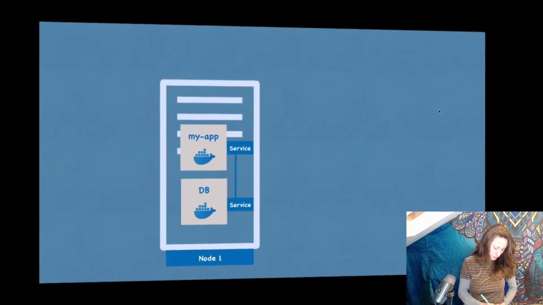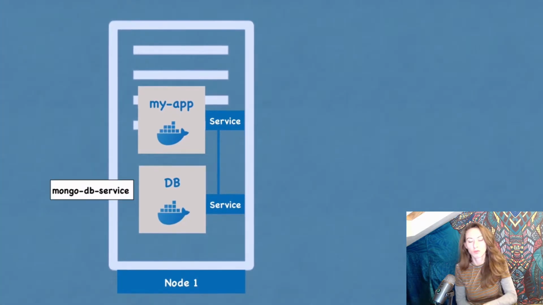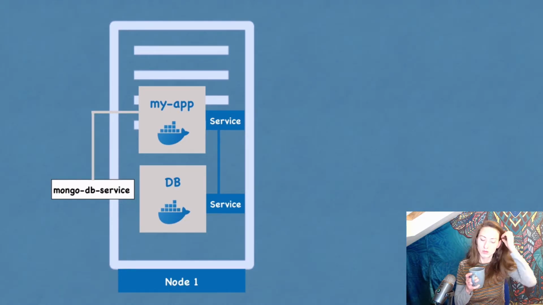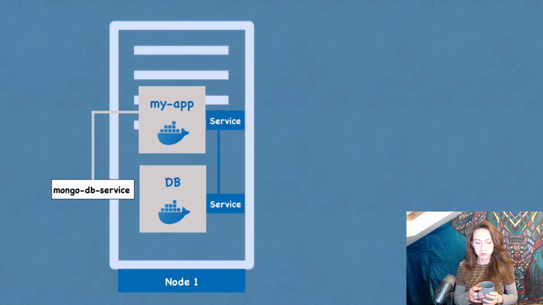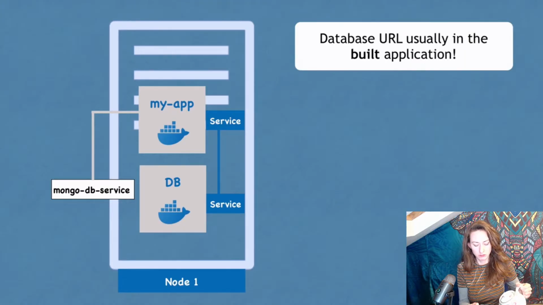Cool. So as we said, pods communicate with each other using a service. So my application will have a database endpoint, let's say called MongoDB service, that it uses to communicate with the database. But where do you configure usually this database URL or endpoint? Usually you would do it in application properties file or as some kind of external environmental variable, but usually it's inside of the built image of the application.